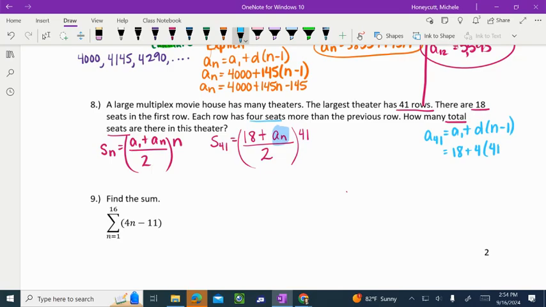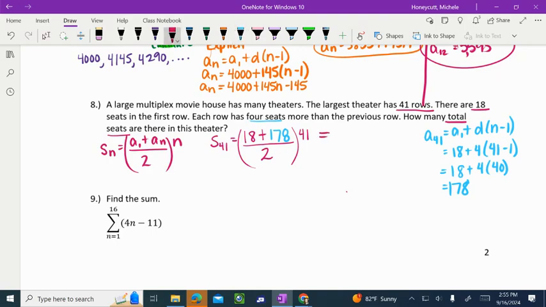I substitute in 41, so that's 18 plus 4 times 40. I grab my calculator and I get 178.